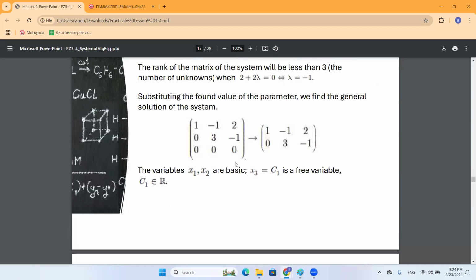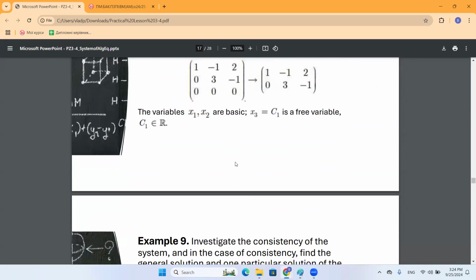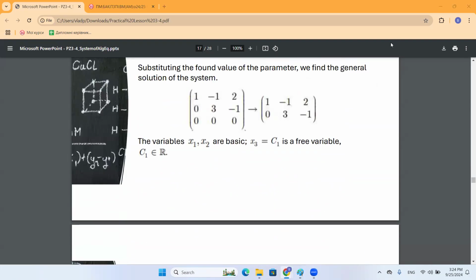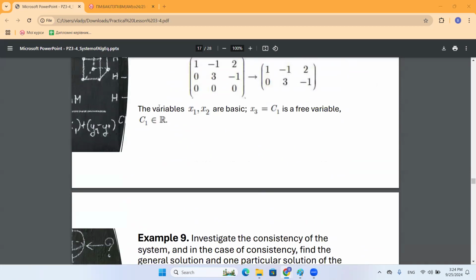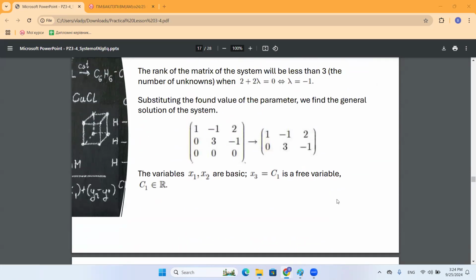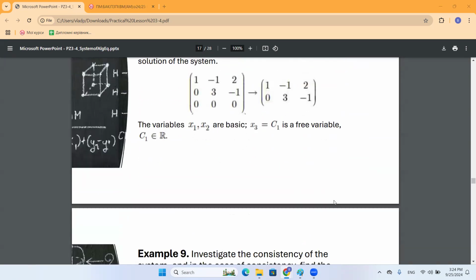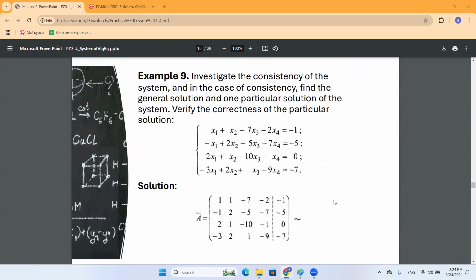Let's see what should be. By the way, this example is incorrect. I will have to fix it. Okay, and here let's check the consistency of the system.